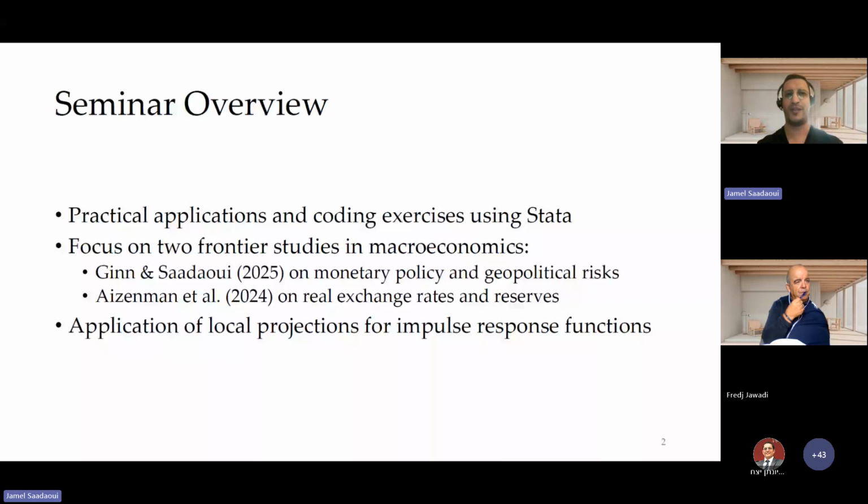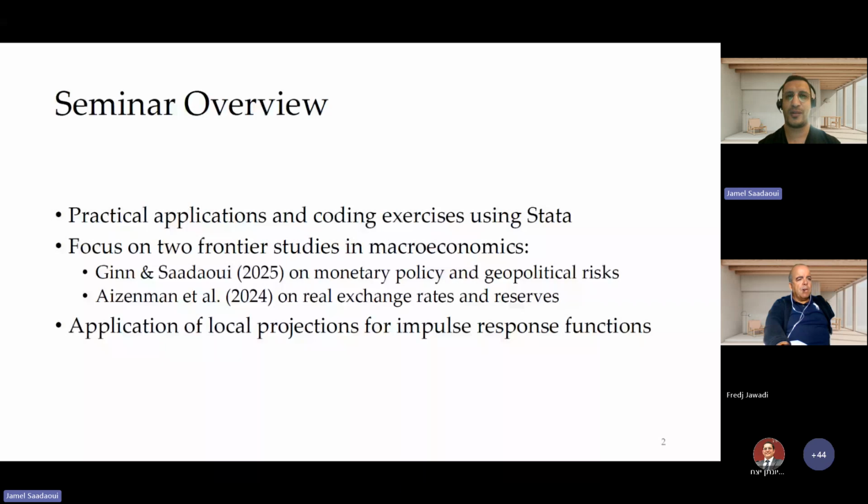So we are going to start with the first work by Aizenman and coauthors about the impact of holding international reserves, how this holding of international reserves may help the central bank to smooth real exchange rate fluctuations after terms of trade shocks. I will come back to that later.